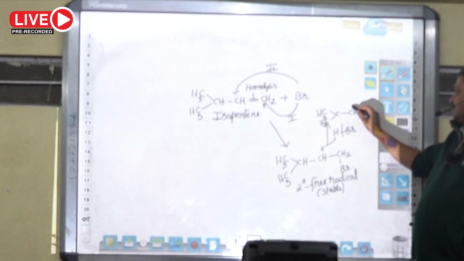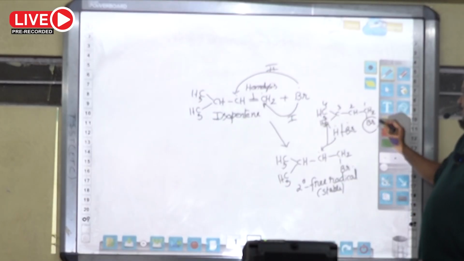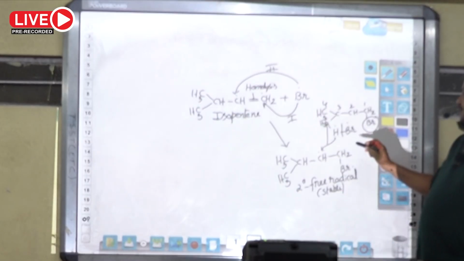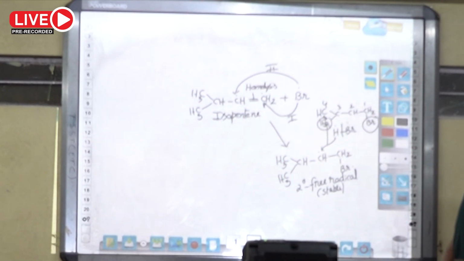This is numbering 1, 2, 3, 4. First position is bromo. Third position is methyl. 1-bromo 3-methyl butane as the major product.